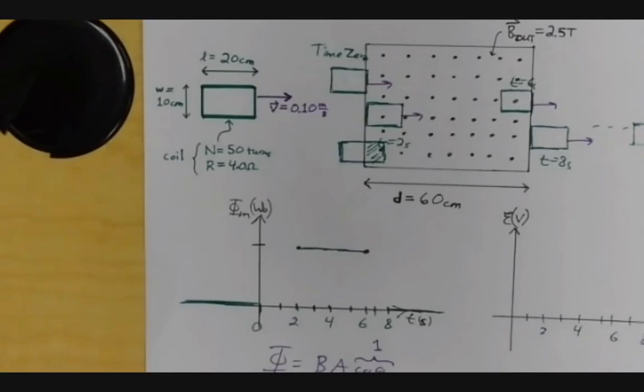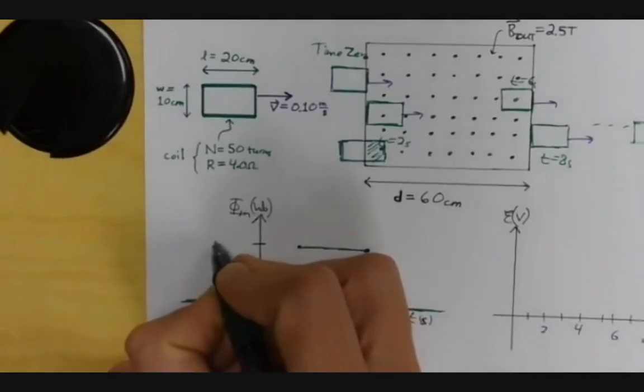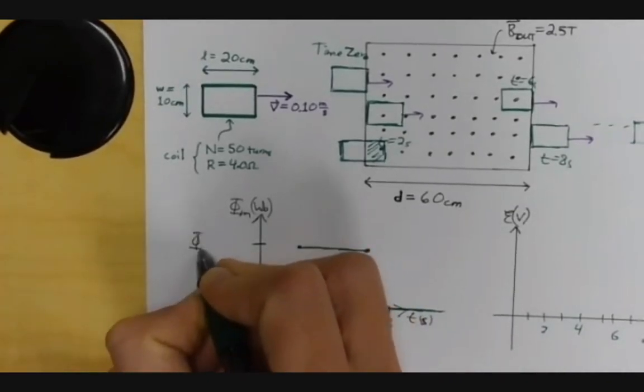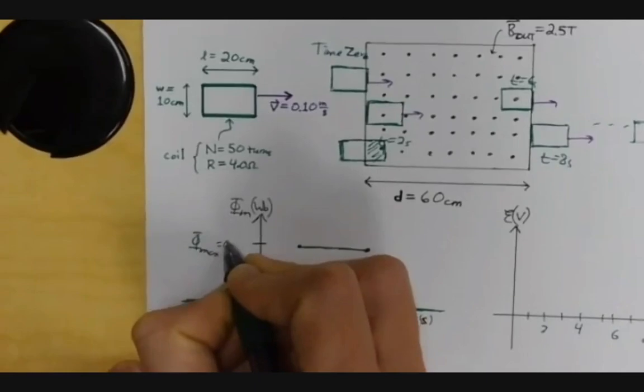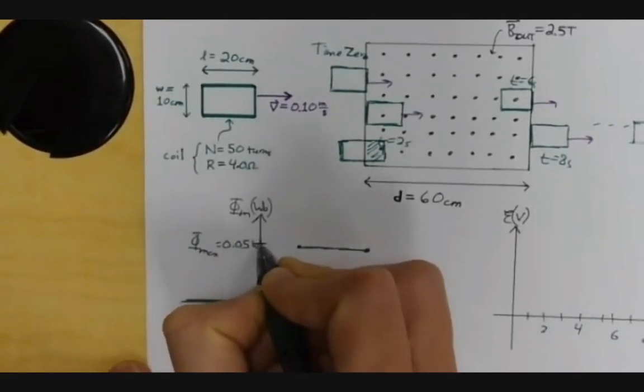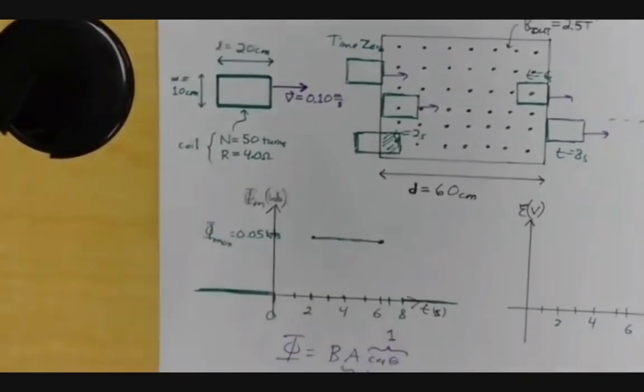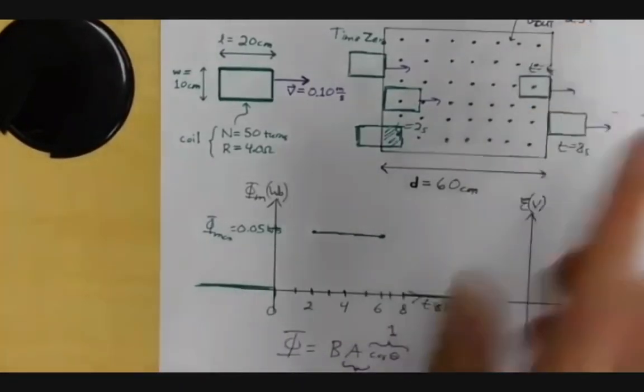And what is the area of the loop? 0.2 meters times 0.1 meter times 2.5 Tesla. 0.02 times 2.5 comes out to 0.05. So the max flux is going to be 0.05 Weber. That's just the full area of the loop times the magnetic field, which is 2.5.